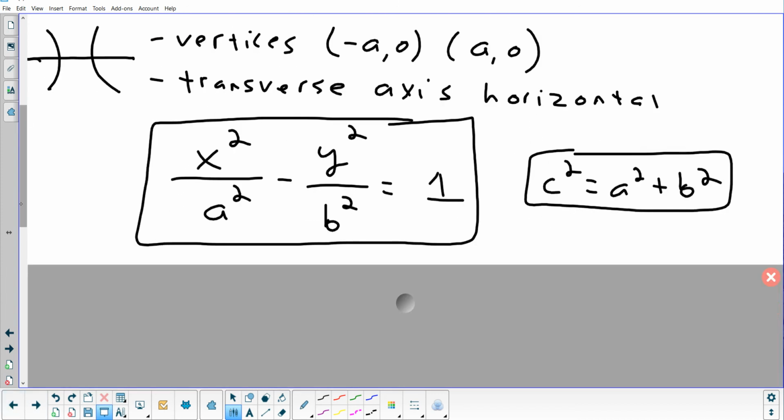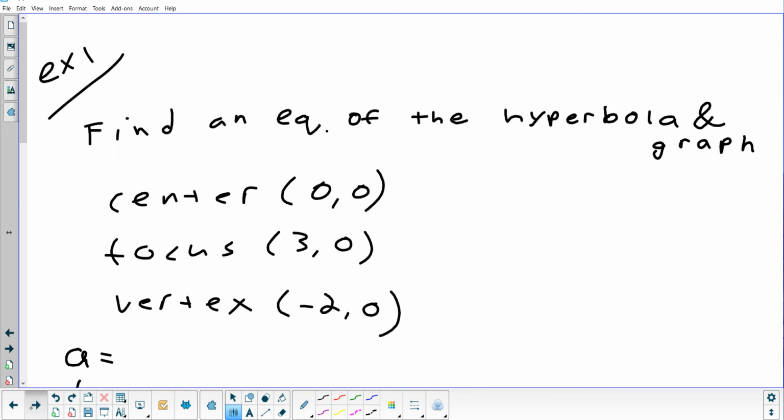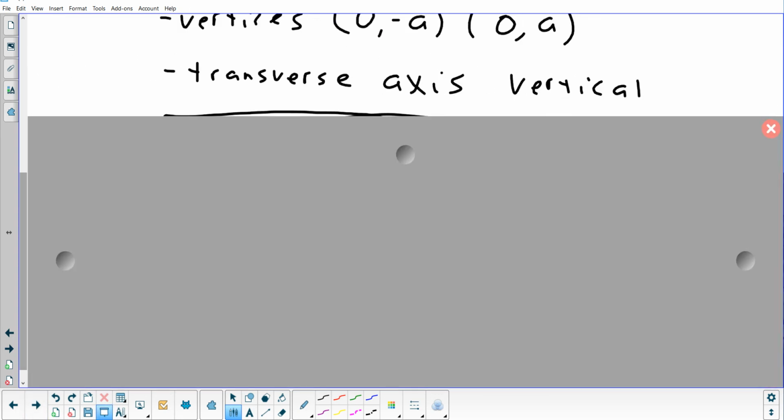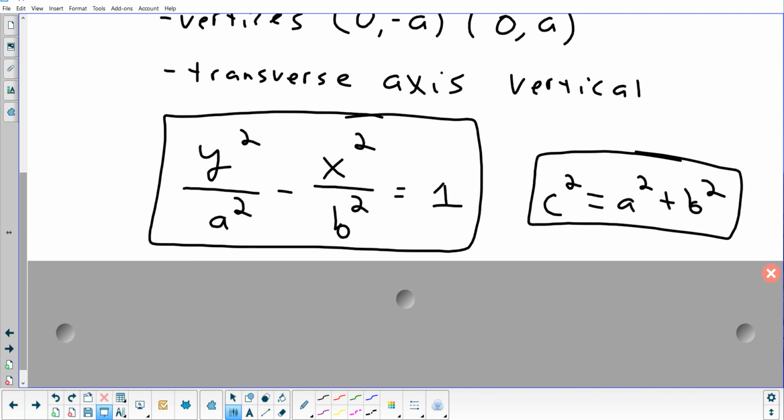I want to compare this to the next one. The X and the Y switch places. It's a little different. The A and the B can never switch places today. The A is always the first denominator, and the B squared is always the second.